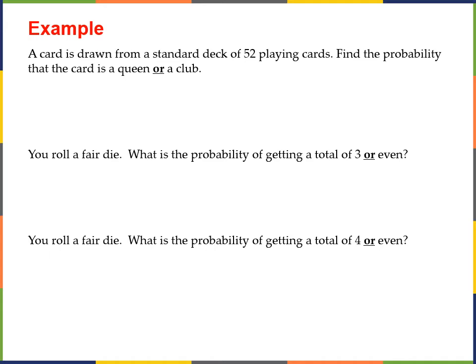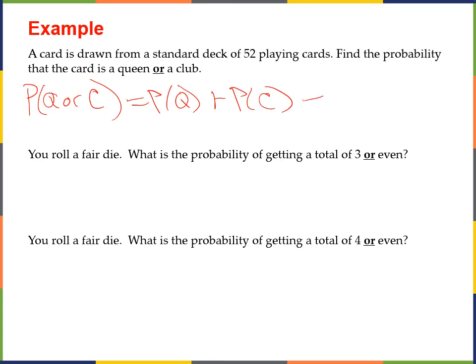So if we're going to use the "or" formula, the probability of queen or club should be the probability of a queen plus the probability of a club minus the probability of a queen and a club. Okay, so both. Let's look at each one individually.